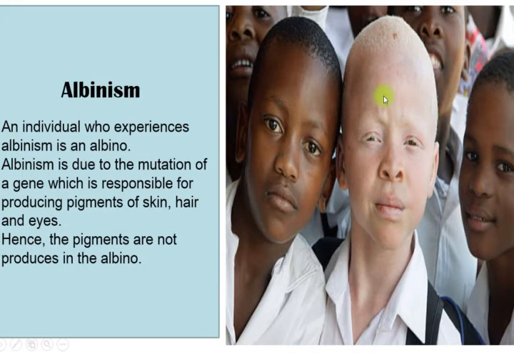Albinism is due to the mutation of a gene which is responsible for producing pigments of skin, hair, and eyes. So what happened in albinism? The mutation occurs in the gene, and it will cause no production of melanin. Melanin refers to the pigment of the skin.